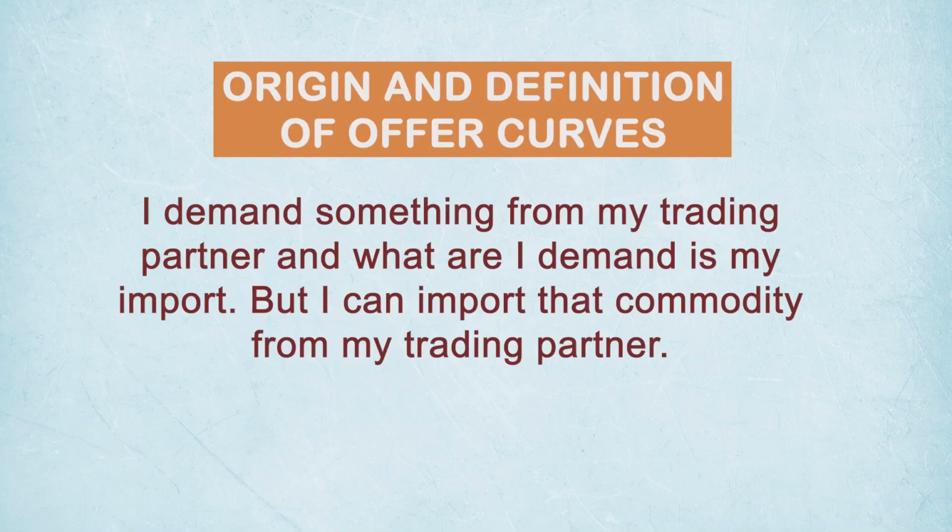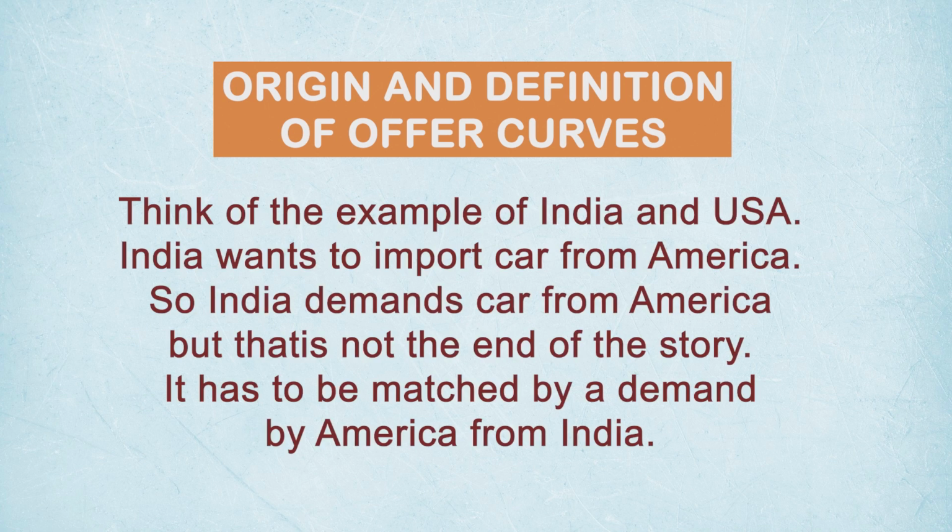What is that? Let me explain a bit. I demand something from my trading partner, and what I demand is my import. But I can import that commodity from my trading partner. Think of the example of India and USA. India wants to import cars from America. So India demands cars from America, but that's not the end of the story.